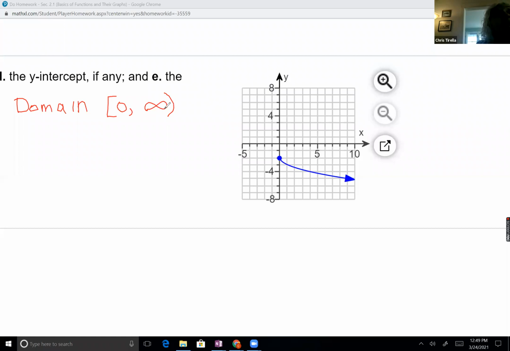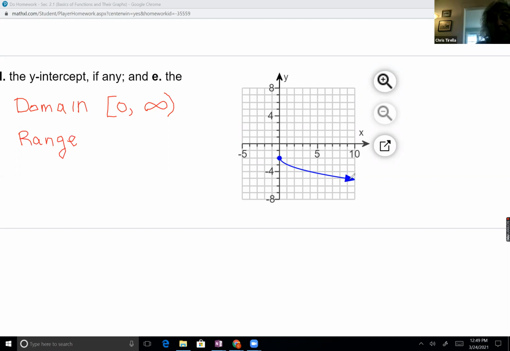Remember, infinity is a concept, not a number. We can't equal it, so it'll always be that rounded, open interval there. For the range, we're looking at the y values, so we're looking for how low does it go.